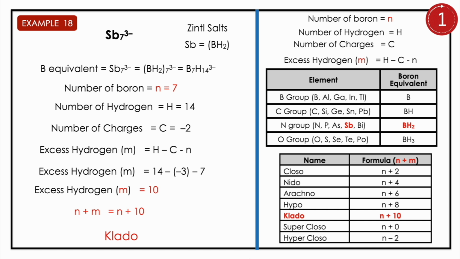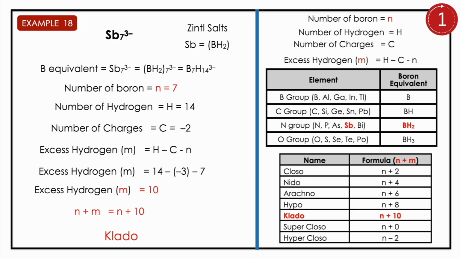So we can apply Wade's rule through boron equivalent. The boron equivalent of antimony will be BH2 because it is in the nitrogen group. So if you substitute BH2 for Sb, the formula becomes (BH2)7 3 minus. If you rewrite it, it will be B7H14 3 minus. So the compound becomes a simple borane.